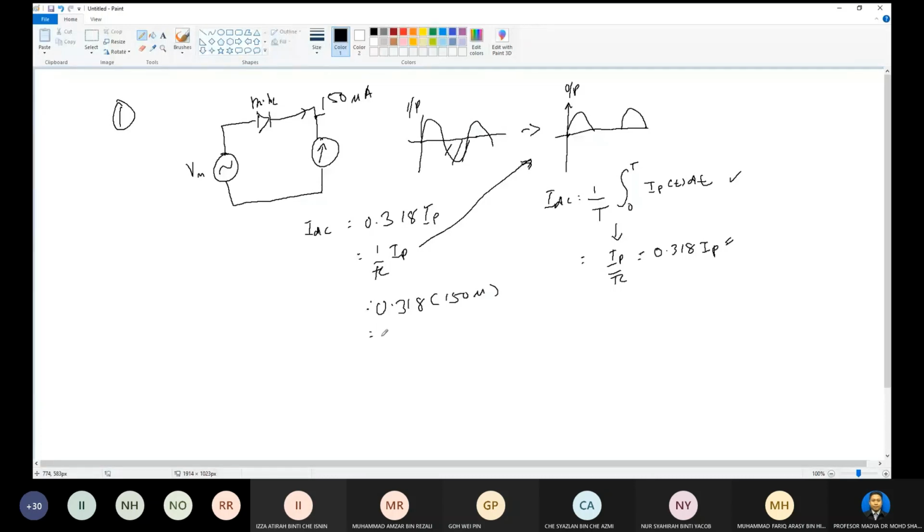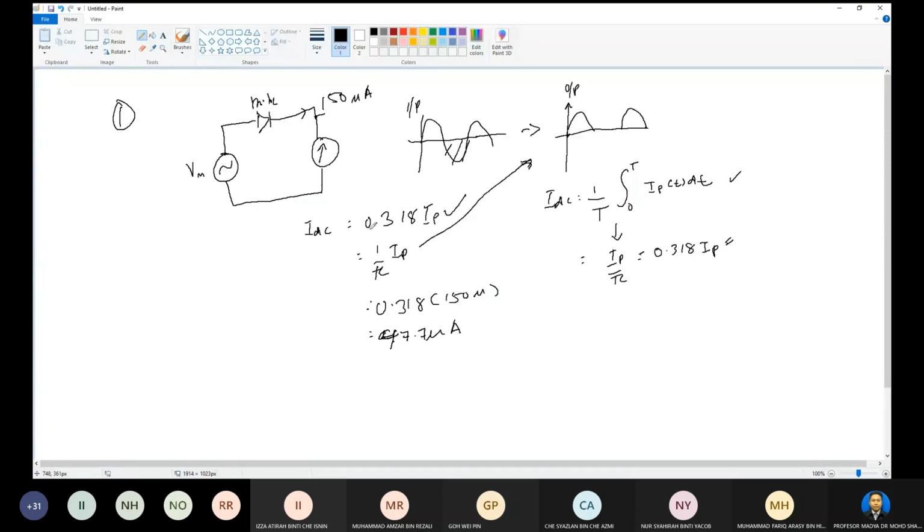So the DC current answer will be 47.7 microampere. Right, so that is solution number 1. Straightforward using the formula. This is a standard formula for the half wave rectifier to calculate the DC current, 0.318, that means 1 over pi.